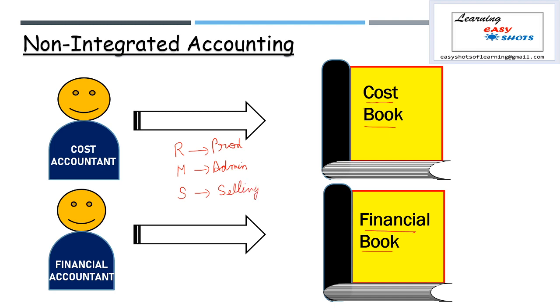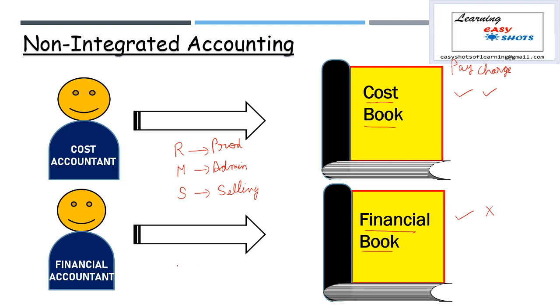Now when the salary is paid to these three employees, the payment of salary is recorded in the cost books and in the financial books. But when we charge this salary separately to each department, the charge of salary is recorded in the cost books, but it is not recorded in the financial book.